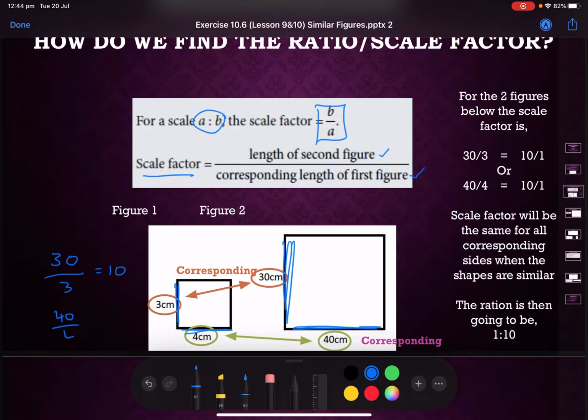So 40 over 4 is also 10. The ratio that we're using is going to be 1 to 10 for this one. That means this second shape is 10 times larger than this smaller shape here.